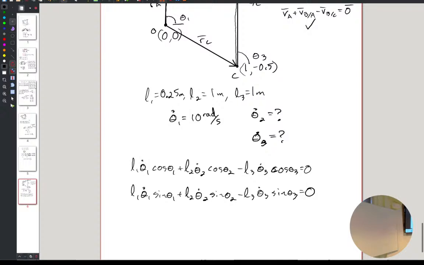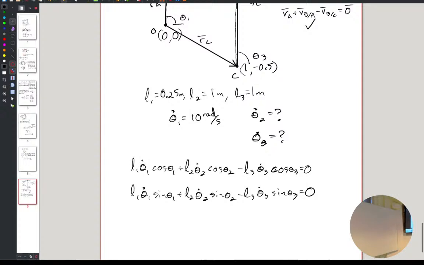R dot is the same, R theta dot times sine theta. And we can do that for all three links because they all follow the same relative positions as we take a derivative.